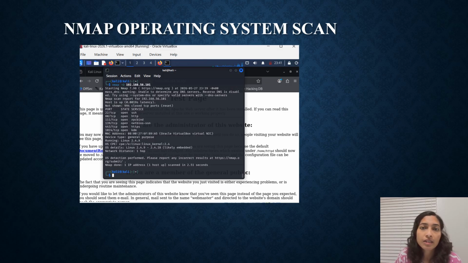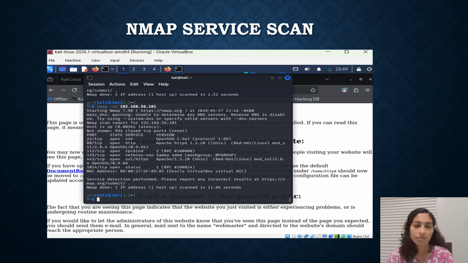Everything is running locally, so overall this scan gives me a solid snapshot of the operating system and network path, which is exactly what I need at this stage of enumeration.